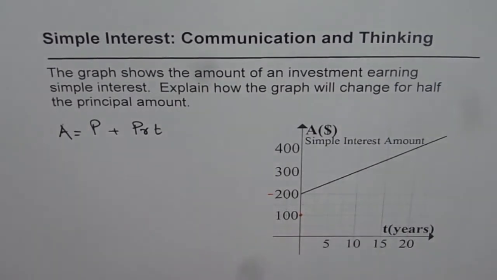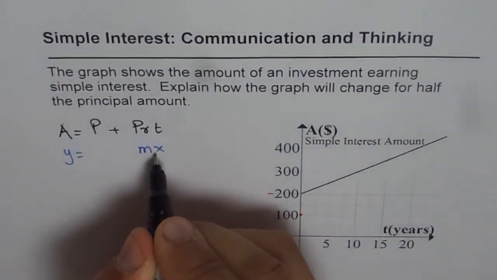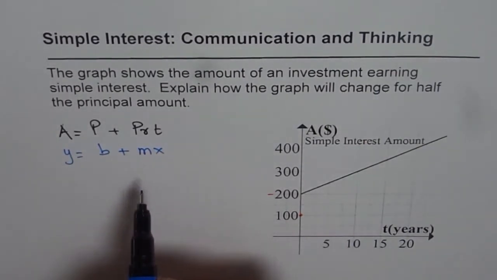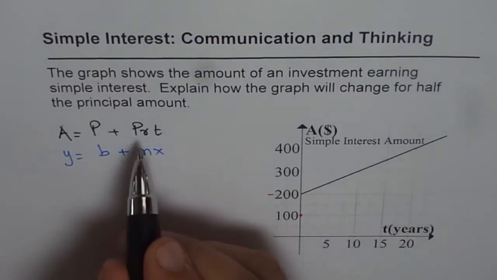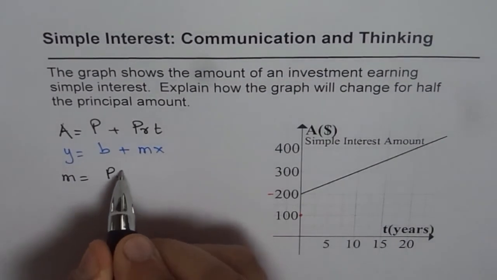So, if you compare it with y equals mx plus b, which is the equation of a straight line, you will notice that the slope actually is not r. Slope m is p times r.